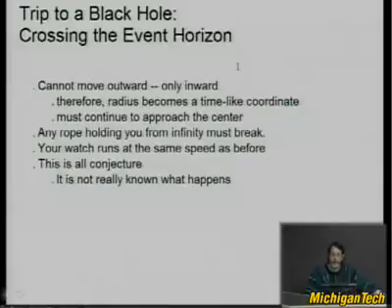If you look at your wristwatch at infinity, it runs at the same speed as when you look at your wristwatch just above the black hole's event horizon, and just below it. No one has ever really done this. This is a conjecture from looking at the equations of general relativity and figuring out what things would look like, what trajectories would be, how relative time slowing would be. So this is conjecture.